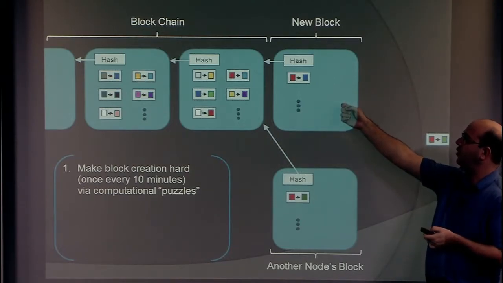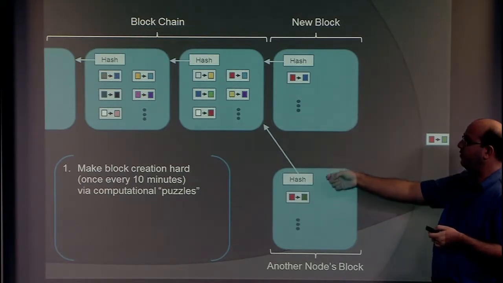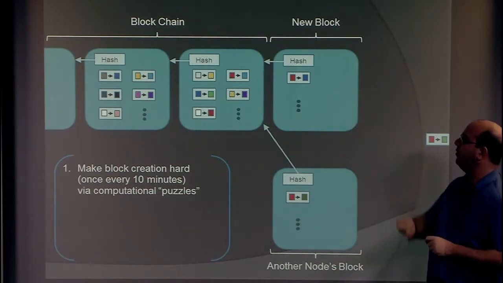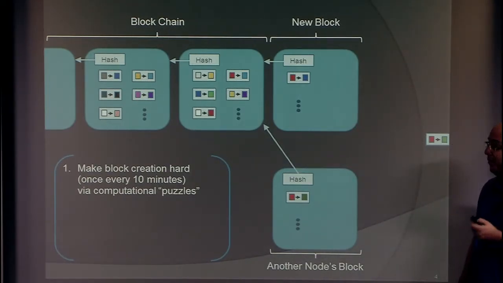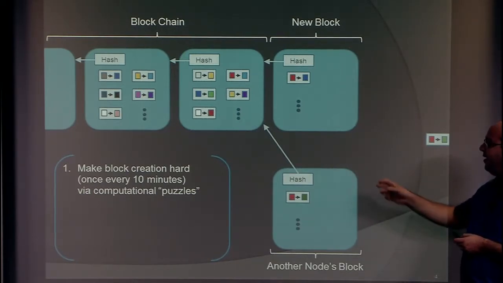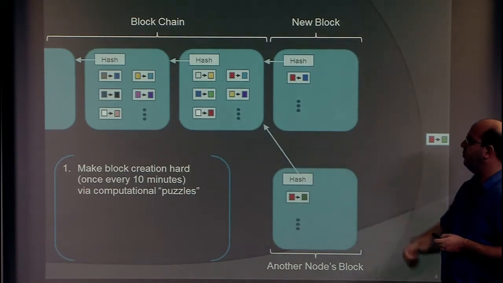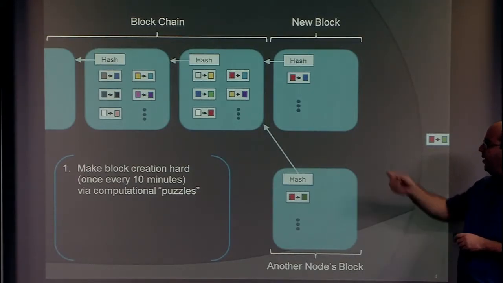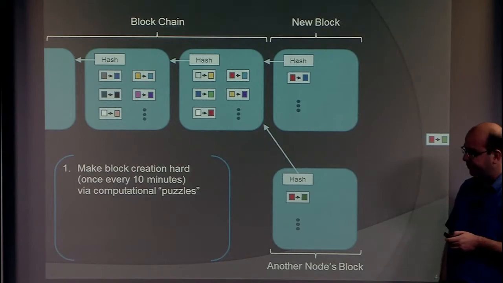If two nodes create blocks, it's usually not at the same time. It takes about 10 minutes for one of them to solve this computational problem. This is only an expectation. It has to basically guess inputs to the problem, so we don't know when the solution will appear. So these conflicts are very rare.